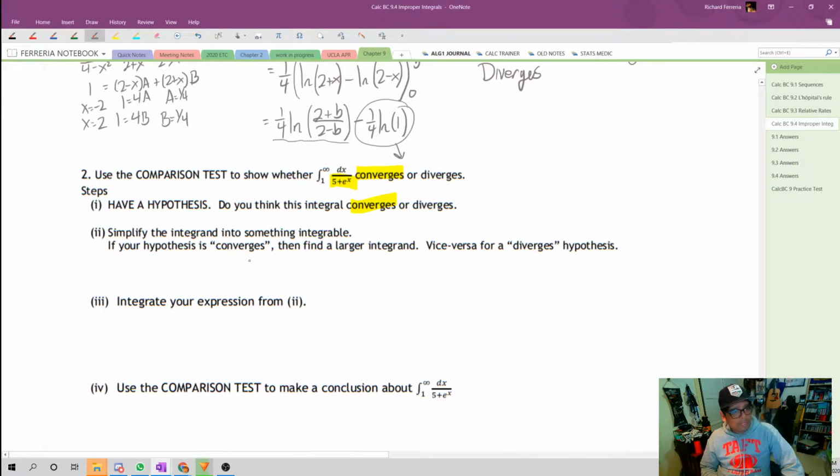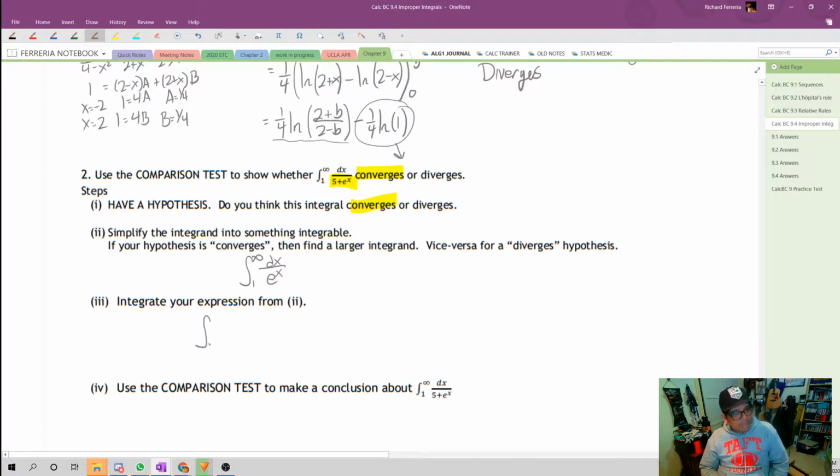So we think this is converging, so we've got to make this integral larger, and we can do that by just saying dx over e to the x. We've made the denominator smaller, which makes the ratio bigger. Let's integrate this.